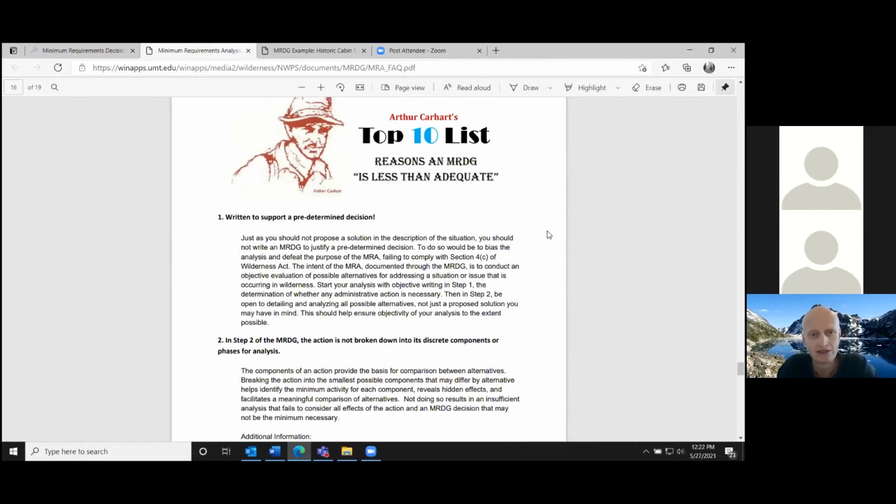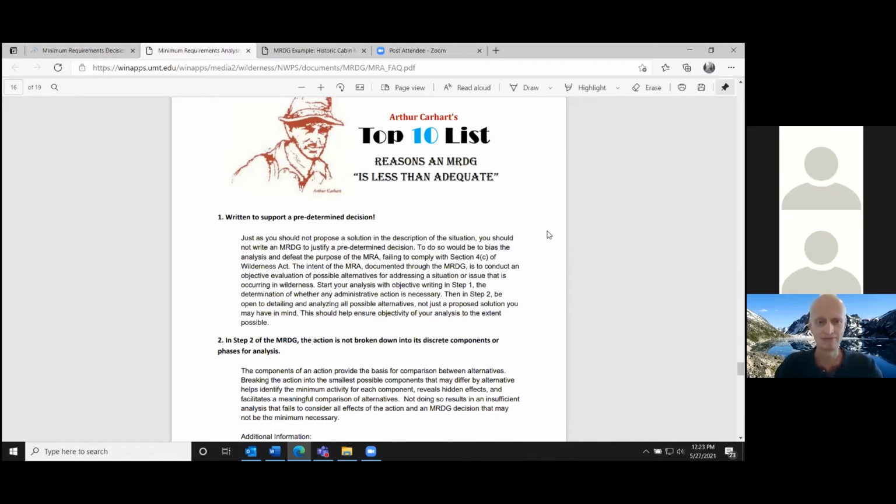And this first one, written to support a predetermined action. So it's kind of predecisional, and is quite common, at least in my region. It seems like we're getting better and better here, but you will see this in cases where a project is maybe from another resource. A good example is treating invasive plants.